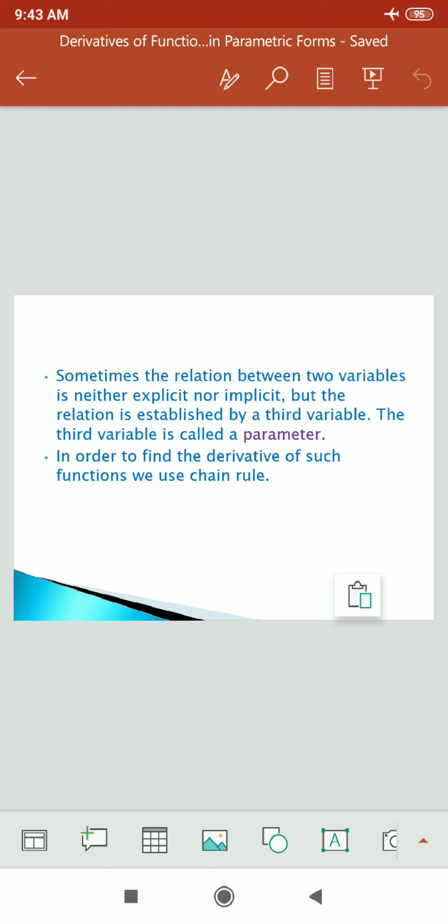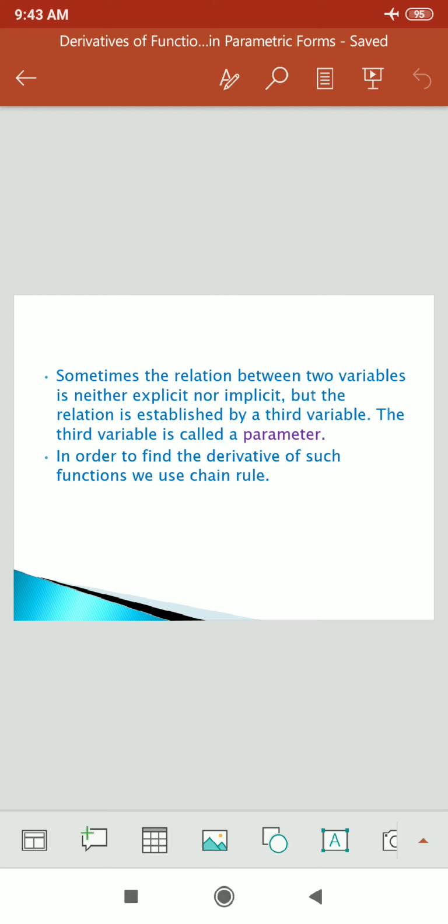To find the value of dy by dx, we firstly differentiate both the equations with respect to that very third variable, and after that using chain rule we can find dy by dx.